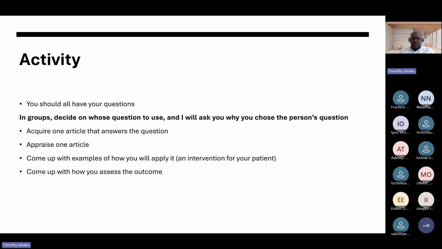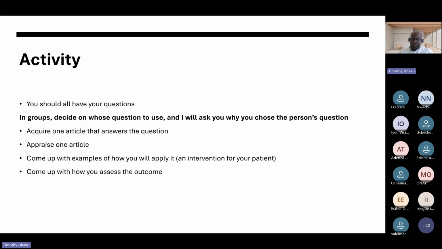You don't even have to follow this process. I just want you to find any article on the internet that is relevant to your practice. You don't have to download it. If you find it, can you put the link in the chat box? It doesn't have to be an article; it can be NICE guidelines, research evidence, or recommendations by professional bodies, be it MRTB, NSP, the Federal Government of Nigeria, or the World Health Organization, anything that relates to your own practice.